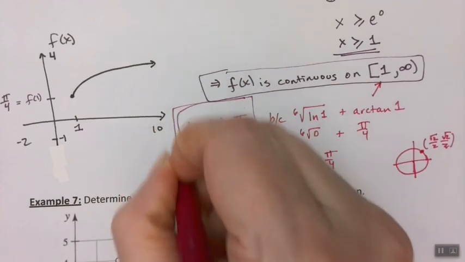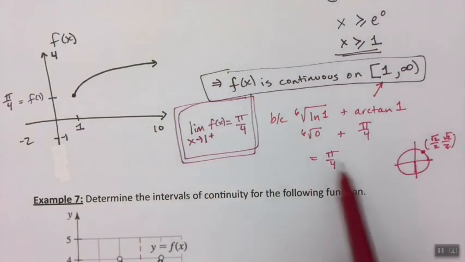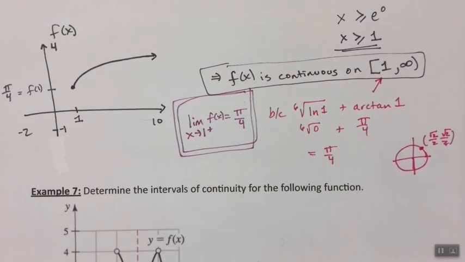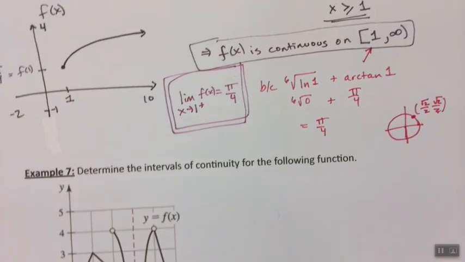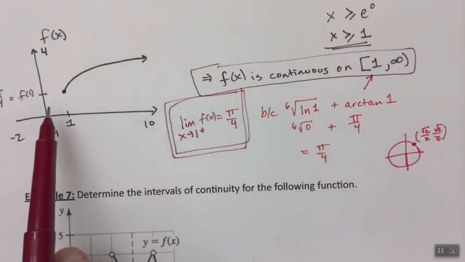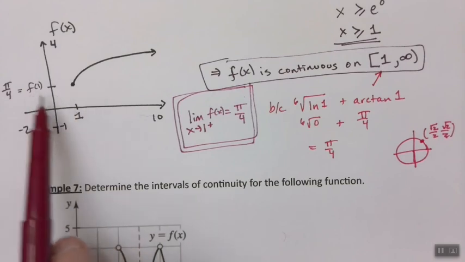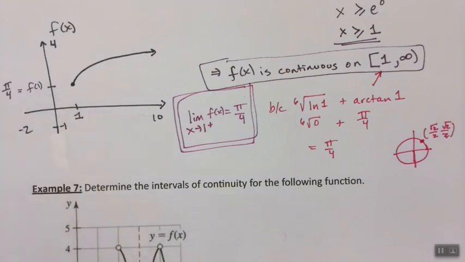And we just figured that out as well, right, using the same logic. All right. Now, just for the record, there is no limit as x goes to 1 from the negative side because there's no function over here. It's not defined because you can't take the log of 0, you can't take the log of a negative, and you also can't take the sixth root of a negative. So all of that is out.